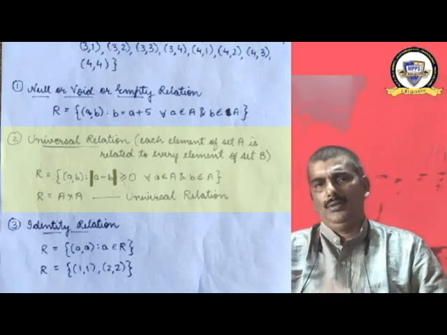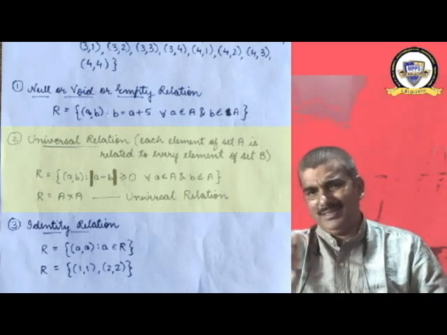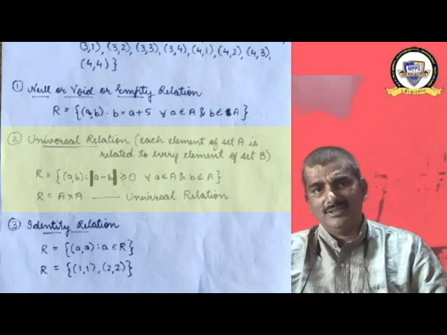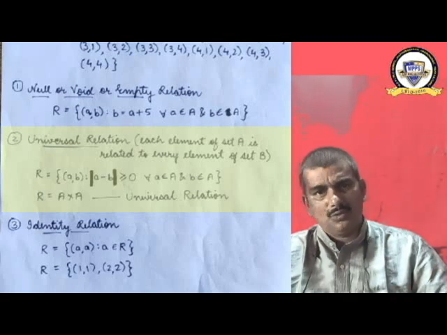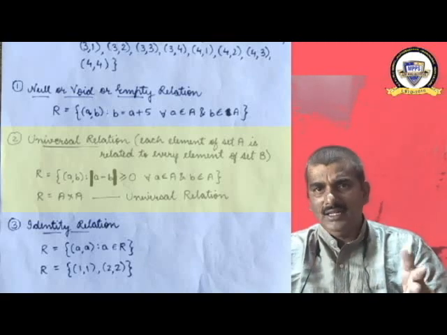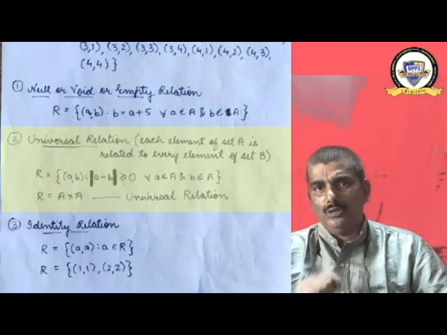So let us see the ordered pairs of A cross A, that universal set. 1 minus 1 is equal to what? 0 only. So it is satisfied. Then again 1 minus 2 is equal to minus 1. Modulus of minus 1 is equal to 1, which is greater than 0. Again 1 minus 3 is equal to minus 2. Modulus of minus 2 is equal to 2 only.